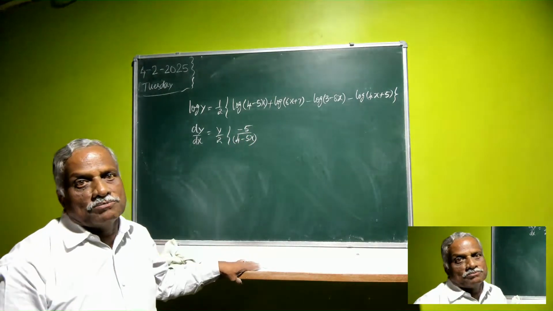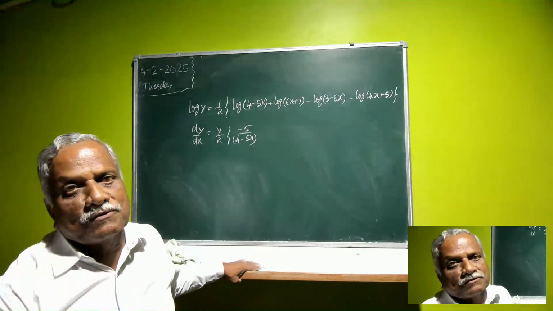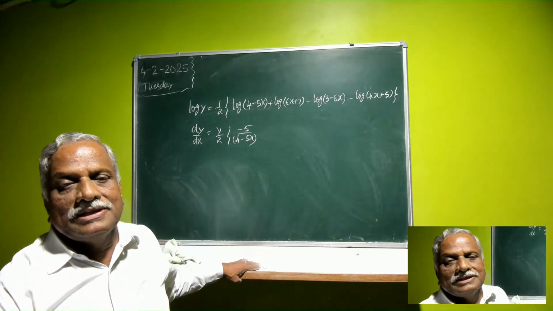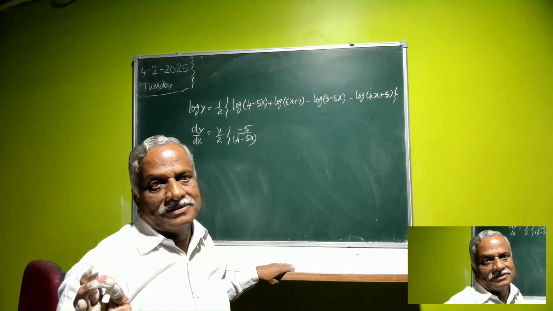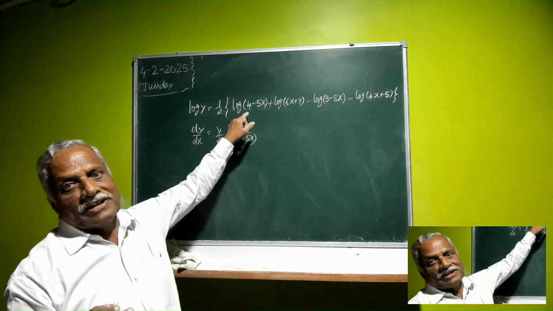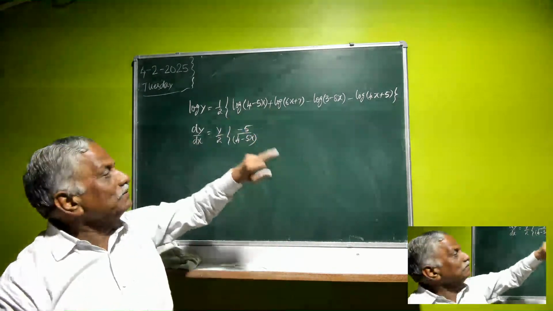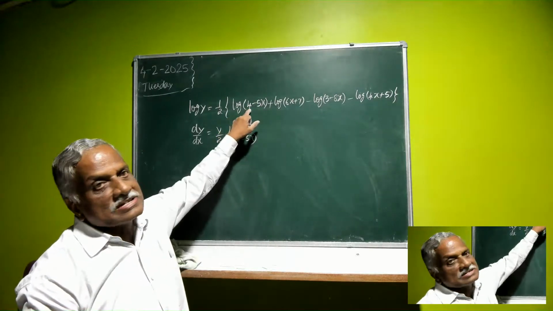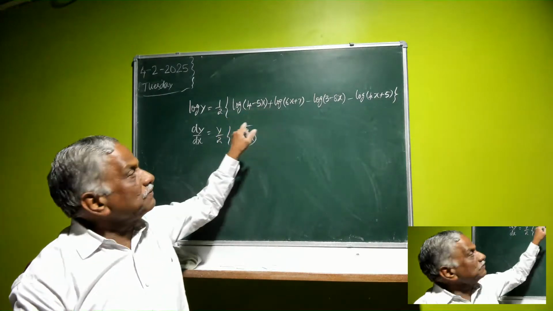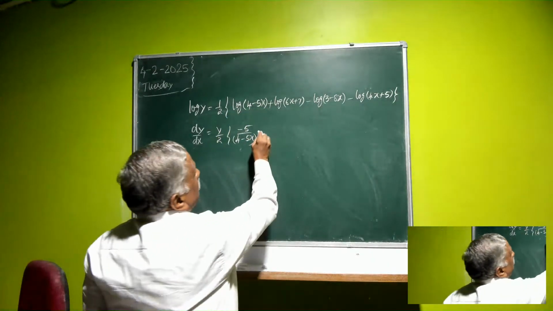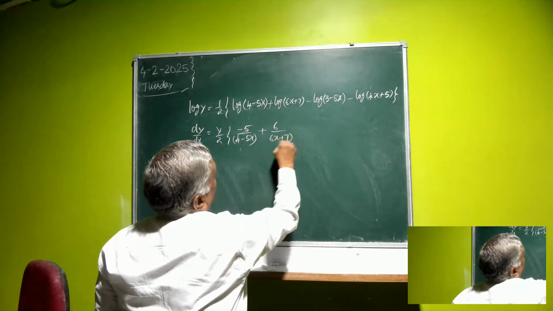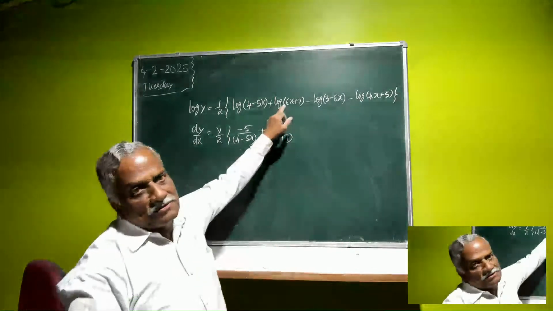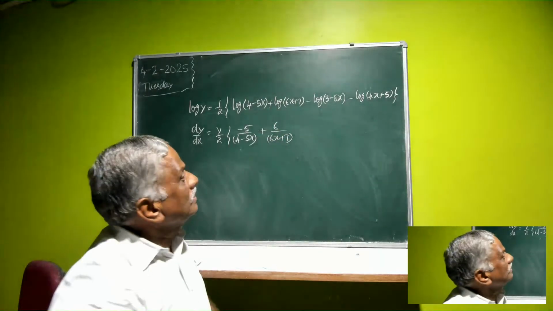In the previous problem, all the numerators were 1 because the coefficient of x was 1 and all x were positive. That is why to make the point very clear, I have taken some positive and negative. So log is this, differentiation of 4 is 0, minus 5x is minus 5, plus 6 over 6x plus 7. How? Derivative of 6x is 6 and log is 1 over.